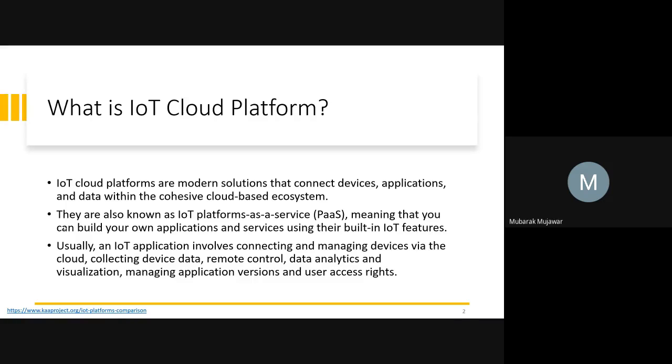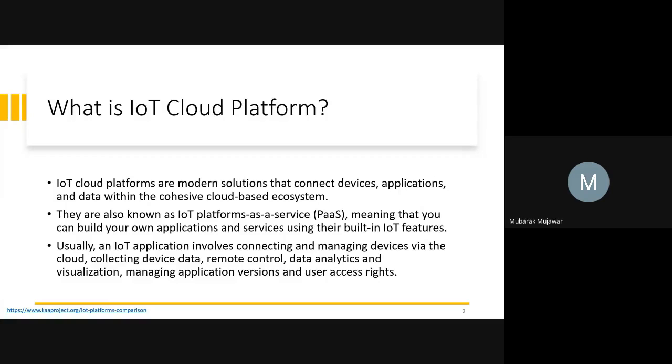Now, whenever we talk about IoT applications, we have to connect and manage devices using the cloud. Those IoT devices are located at a remote location, which means we have to create some kind of dashboard, some kind of platform where we can manage those IoT devices from a remote location.